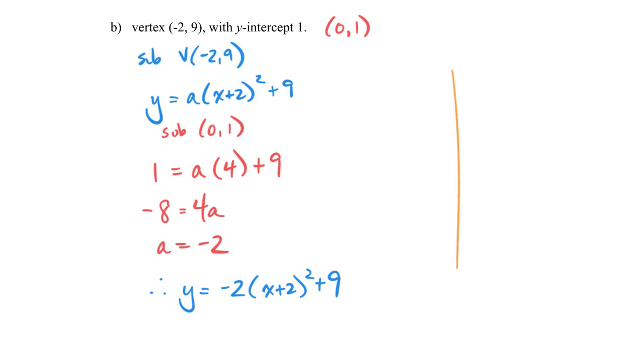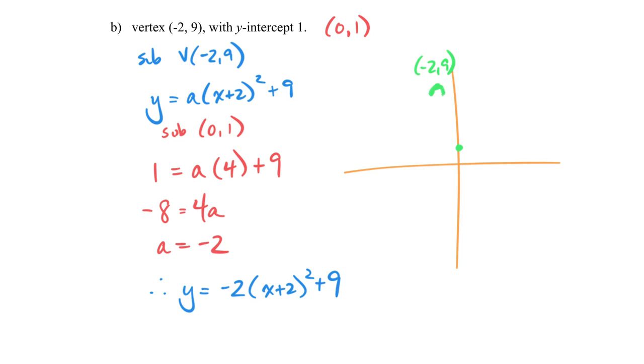I would put on a quick set of axes on the back of a page or somewhere off in the corner that I'm going to box in and X out just to note it's not part of my solution. If I put my vertex at -2, 9, and then I have a y-intercept of 1. Remember, this is my vertex.